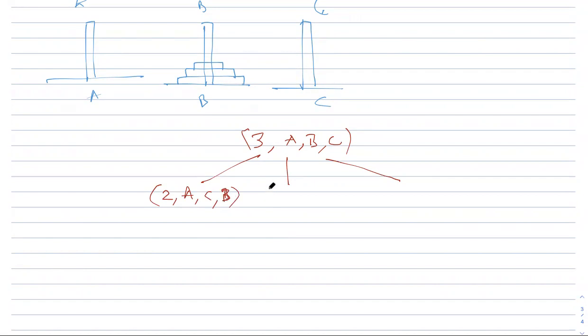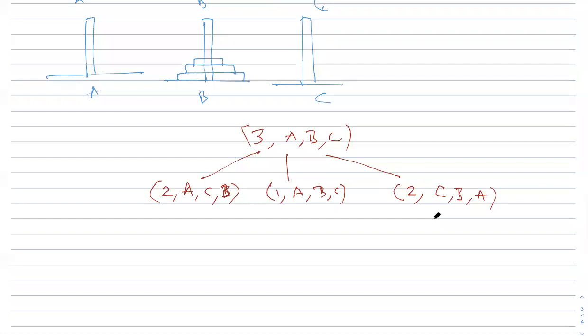And then moving one peg from A to B using C. And then what is this one? Moving 2 pegs from C to B using A, right?